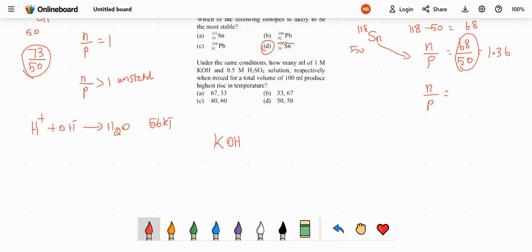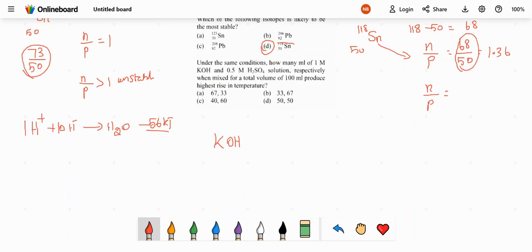That is 56, almost 57. So 57 kilojoule per mole is released, but you should take 1 mole of H plus and 1 mole of OH minus. So neutralization will be maximum. Neutralization will be maximum means there should not be any excess H plus or excess OH minus. Then it is possible to attain the higher energy release.